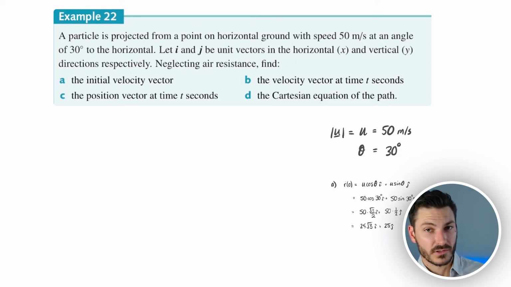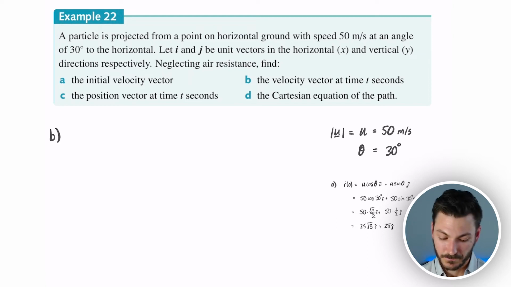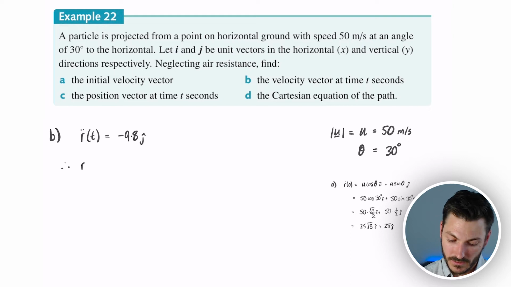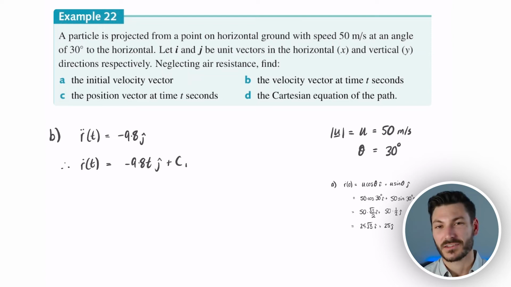Now that's the initial velocity. The second part is asking us for the velocity vector in terms of time. For that, we need to start with acceleration and work up to velocity. So r double dot t is going to be equal to negative 9.8 meters per second squared in the j direction. Therefore r dot t is going to be negative 9.8 t in the j direction plus c1.